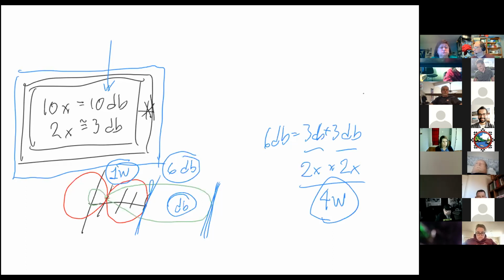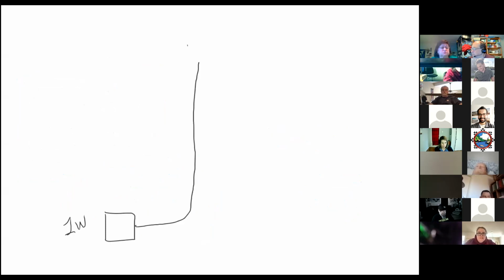And because everybody deals with the same units, for instance, let's say that I now have a piece of cable connecting my 1 watt transmitter. Because everyone's going to have something called a feed line, which is a cable. And I have an antenna system that has, let's say, 10 decibels of gain.